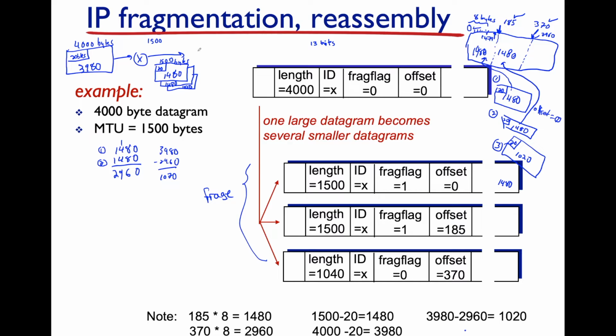Now, of course, if you get to another MTU, and let's say that MTU is bigger, say 4,000 bytes, it would still preserve these 3 smaller fragments, right? It doesn't reassemble at the router, it reassembles at the endpoint.